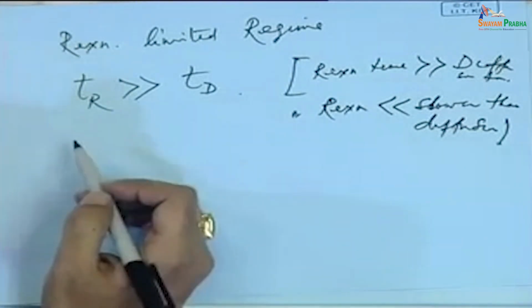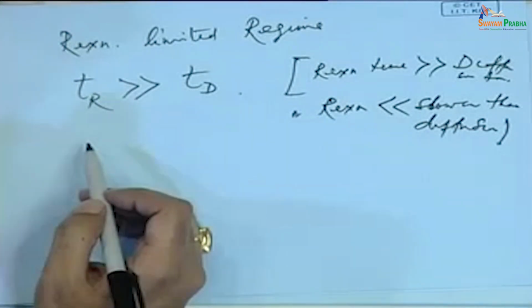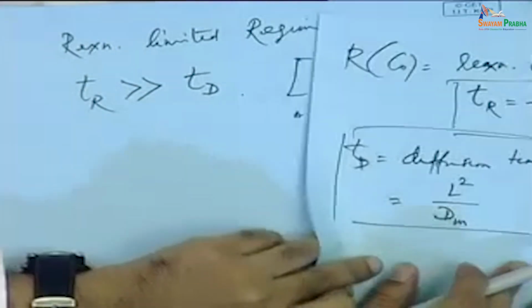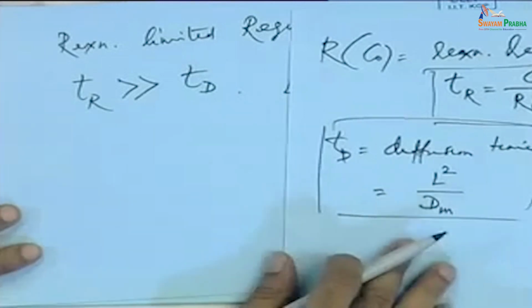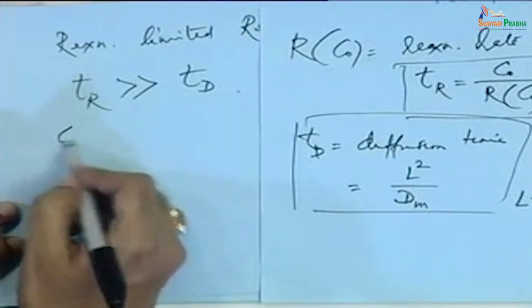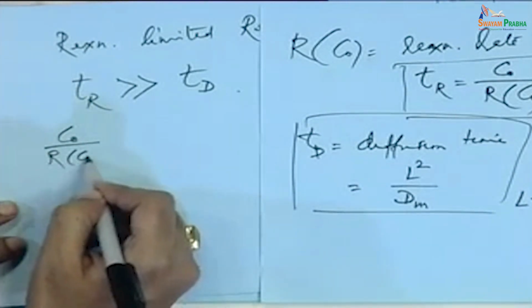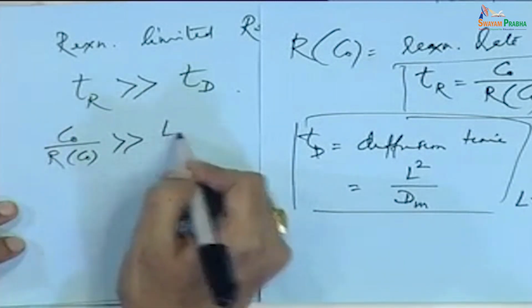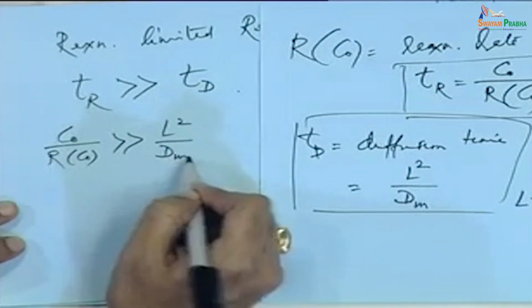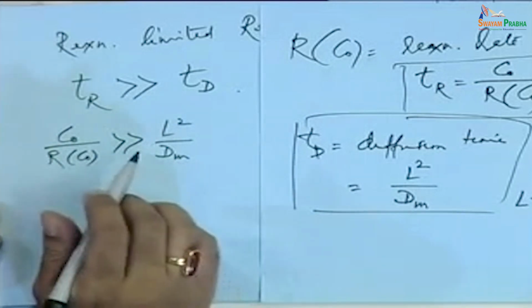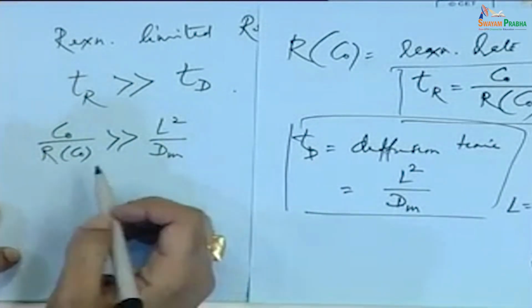So, if I put it over here, what I got, okay, what I got here. So, C naught over R C naught much greater than L square over dm. Okay, fine.